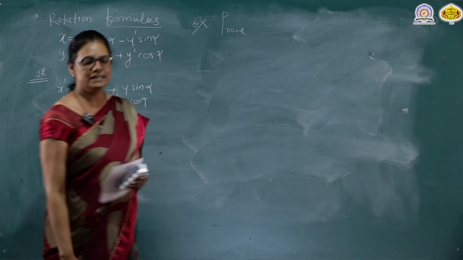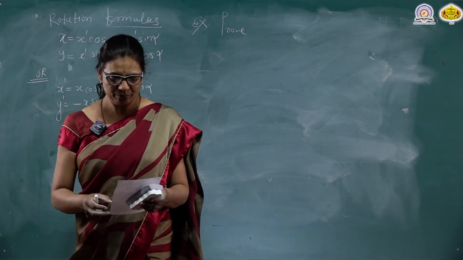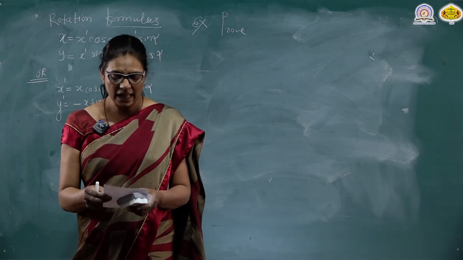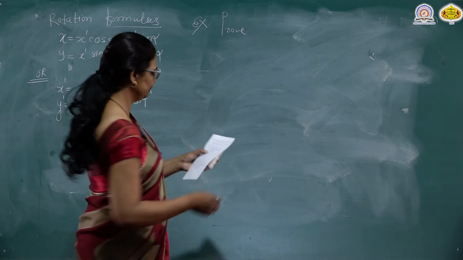This is our second example. Prove that the conic is a hyperbola by rotating the axis through an angle pi/4.